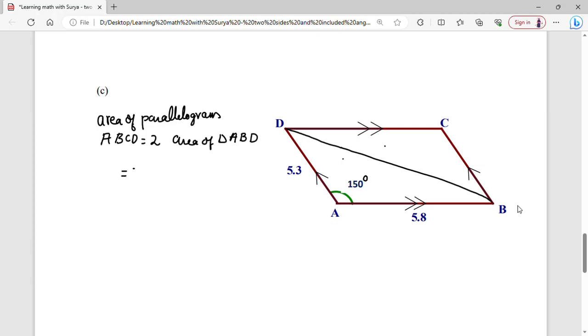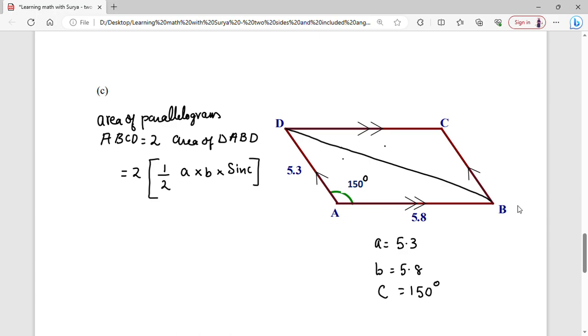So that will be 2 times area of triangle ABD, which is half A into B into sine C. Let's identify what is A. A is 5.3, B is 5.8, and now I get C is equal to 150 degrees. So let me substitute. So 2 into half, they get cancelled. So it is 5.3 into 5.8 into sine 150.